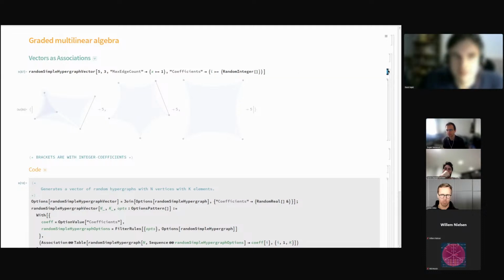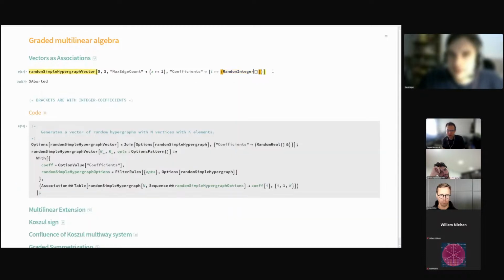I don't know why these random hypergraph functions are taking so long. I think you still need to specify the maximum integer range. Okay, let me specify it to be, I don't know, 10.